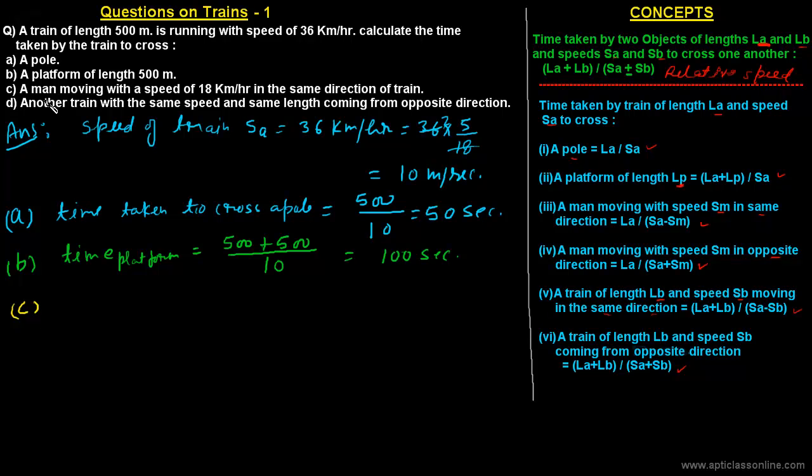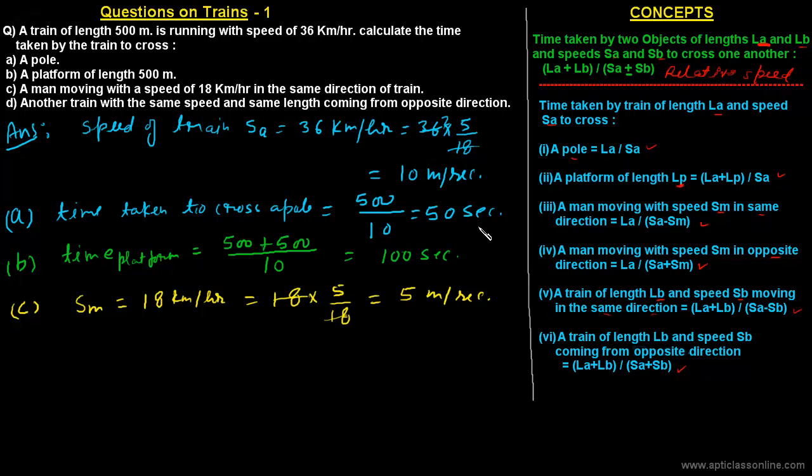Okay, for the third, a man moving with a speed of 18 km an hour in the same direction of the train. First of all, the speed of the man has to be converted into meter per second. So 18 km per hour is 18 into 5 by 18, that will be 5 meter per second. We will apply this formula.